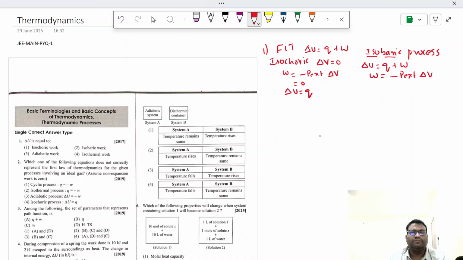No. So delta U is not equal to W, because Q is not equal to 0. So this is also not the option. Delta U is equal to Q plus W in isobaric process.